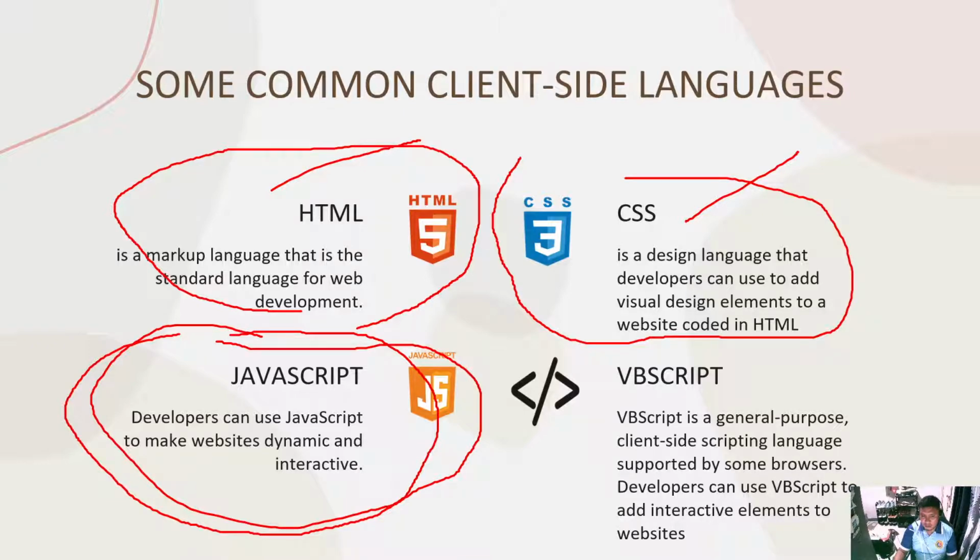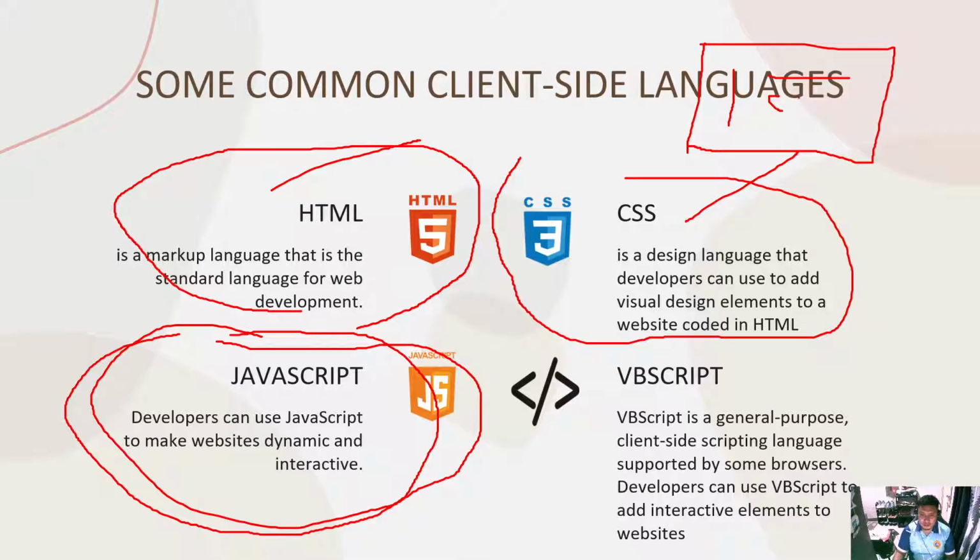So each one of the languages has different work you can do in your front end development. HTML will have the structure, the navigation, the links. CSS will make the color, the look and feel.